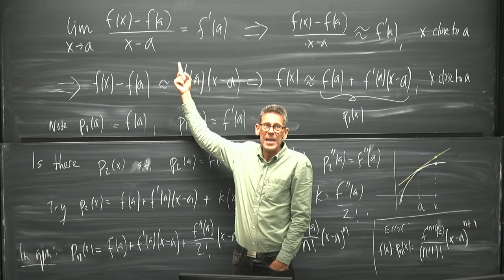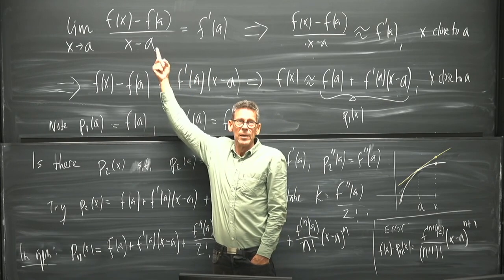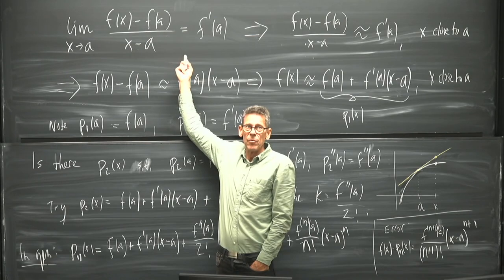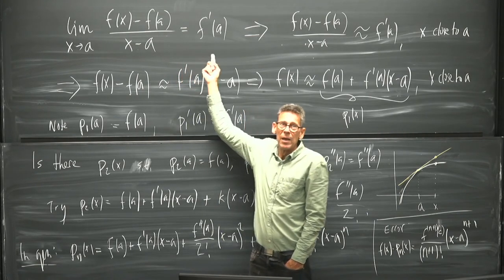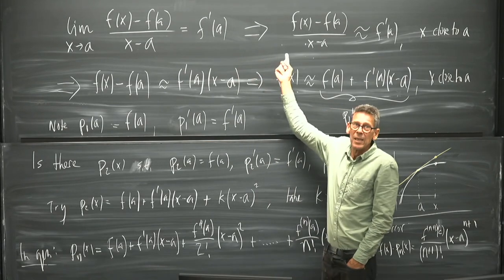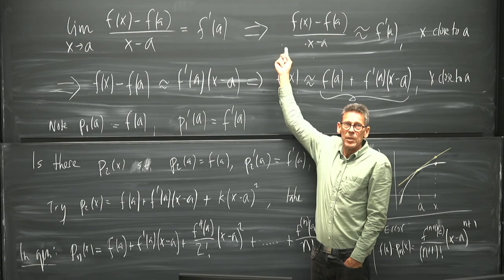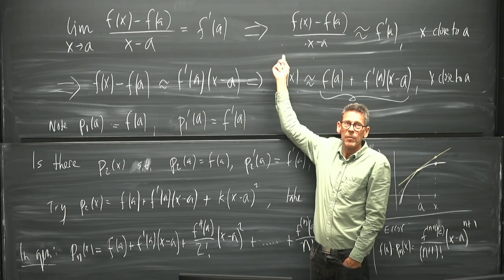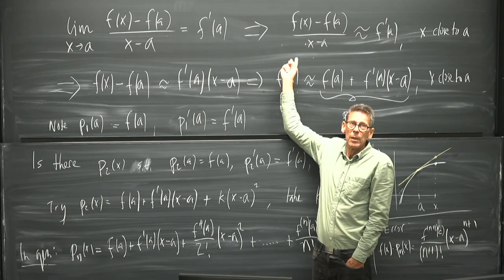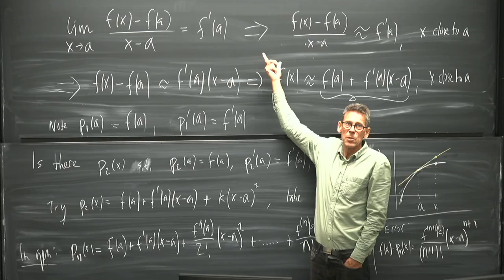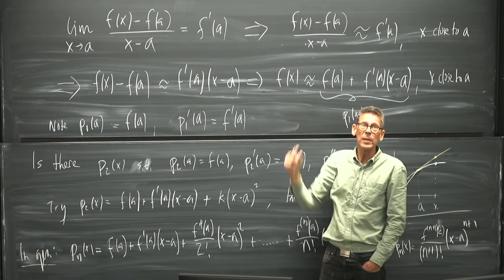point A, then this limit here is equal to the number f prime of A, the derivative of f at A. And this means that for x near A, this quotient (f of x minus f of A) over (x minus A) must be approximately equal to the derivative of f at A, because this is just what the limit means, right?